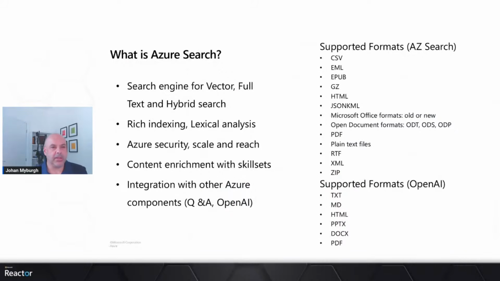Those links are all in there. And then let's take a look at what is Azure Search. Azure Search is our cloud-based search component and service that allows you to do not only full text searches, in other words, text matching, if I'm searching for the word widget, which document had the word widget in, that sort of full text search, but also a vector search.